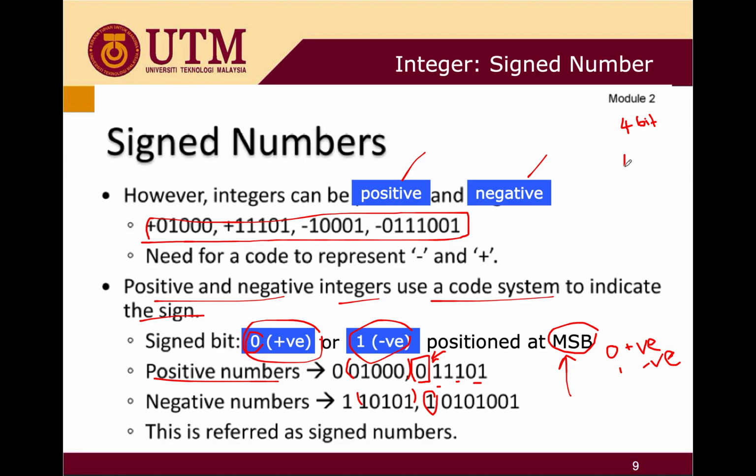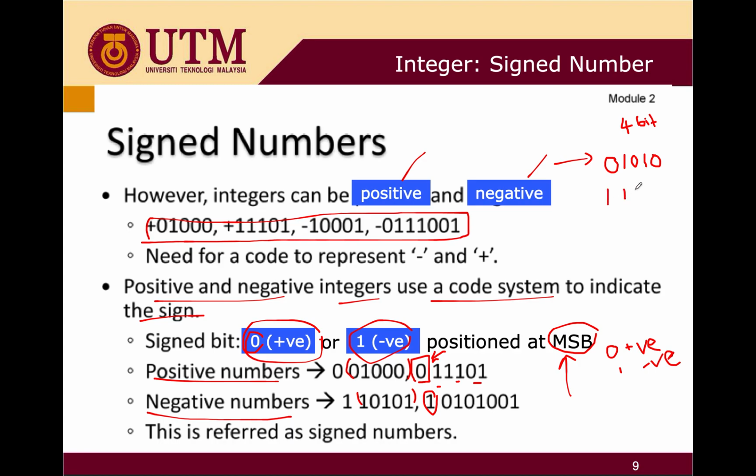So maybe they give you 0 1 0 1. This is the number given. It states this one is a positive number. How are you going to represent it? Or maybe they give you the negative number. So if positive, you just add a 0 over here, and negative, how?